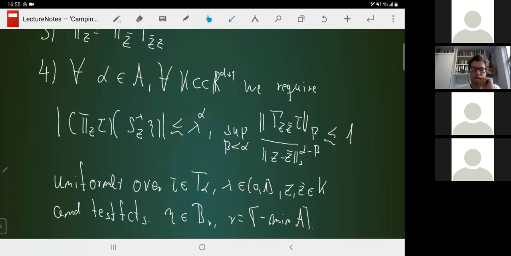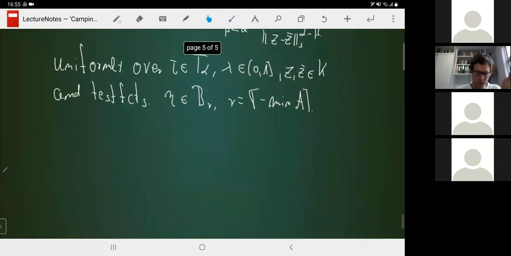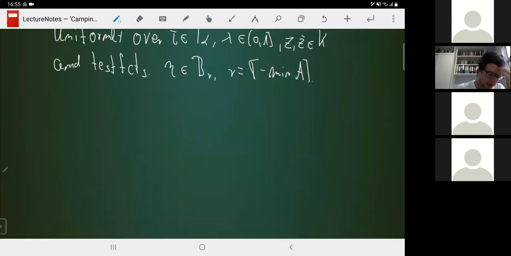Okay, so let me define now the so-called D^gamma spaces, and then I will give an example of a regularity structure for an SPDE, which is maybe a bit more relaxing than what we do right now.